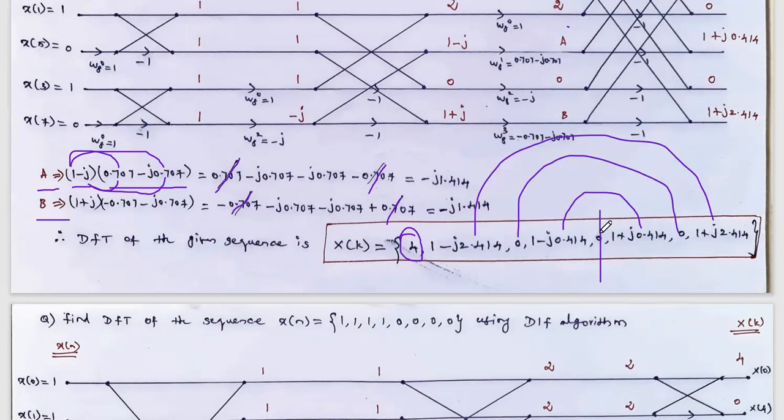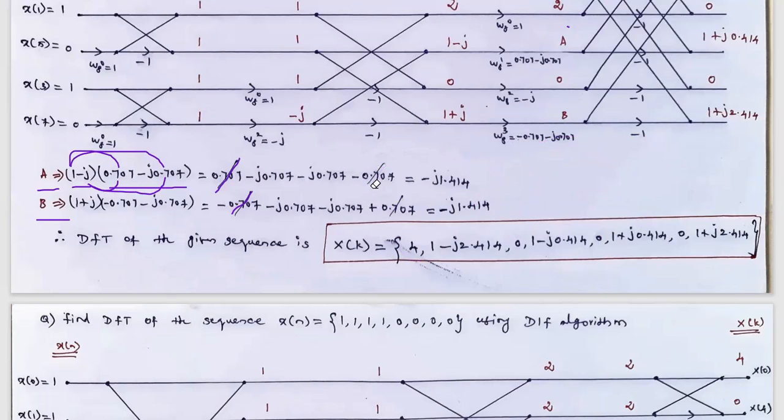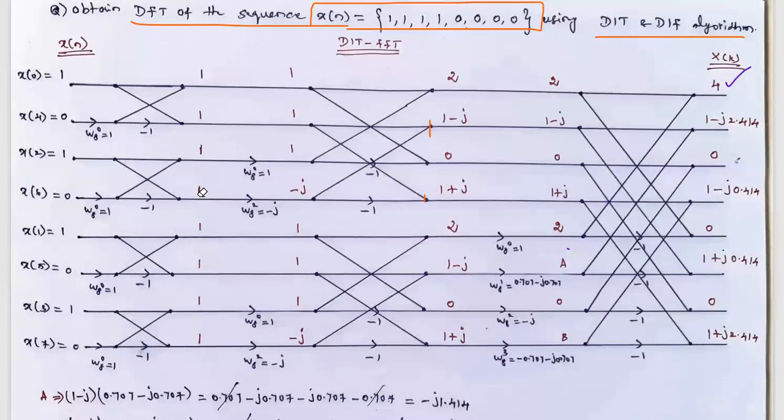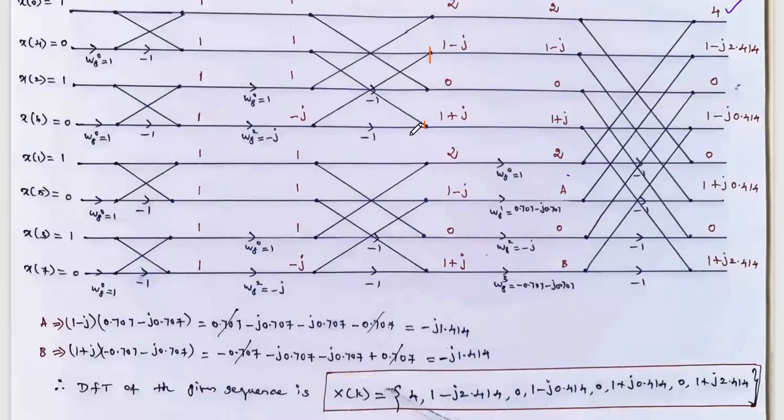All DFT answers obey this property, so for any problem the DFT answer is like this. In this way, you can check whether you solved the problem correctly or not. So this is the DIT algorithm. Now we are going to solve the same problem using DIF also.